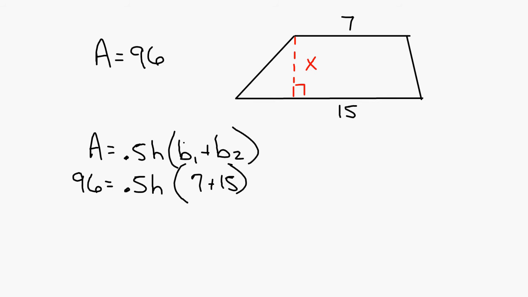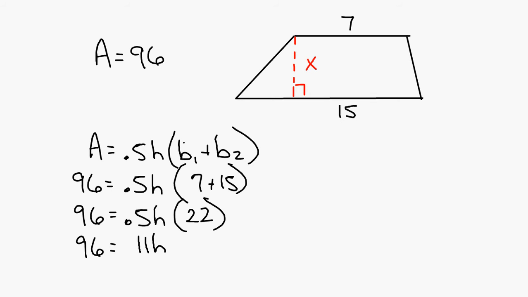So 96 is equal to 0.5h times 7 plus 15, which is 22. So 96 is equal to 0.5h times 22, which would be 11h. And then you could divide both sides by 11.